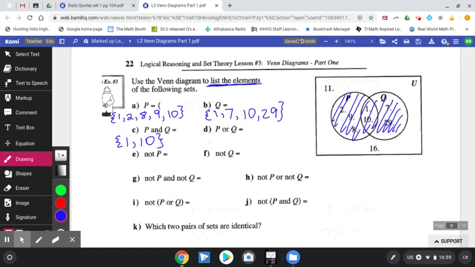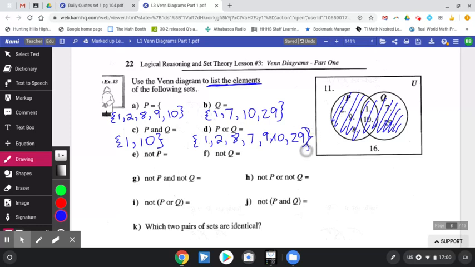So everything inside the circles would be part of P or Q. So that is 1, 2, 8. Whoops, I'm out of order. Remember, your order doesn't really matter. I was trying, but I got my order out of order. So 1, 2, 8, 7, 9, 10, 29.